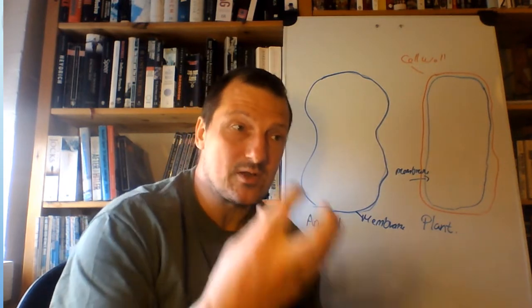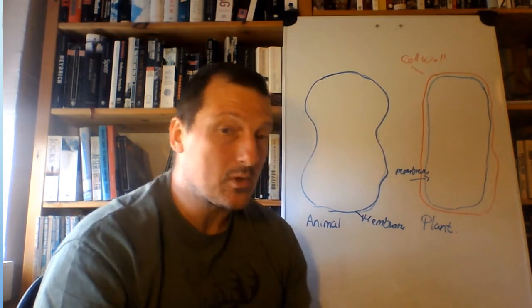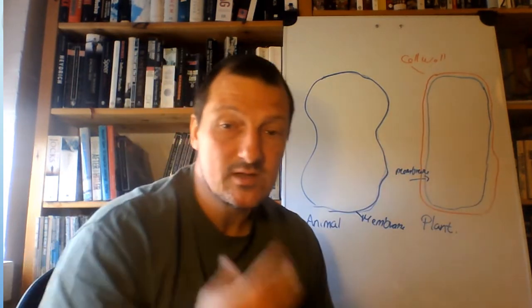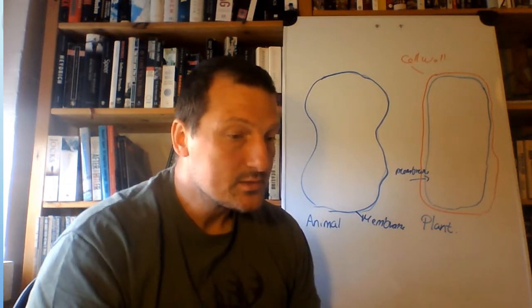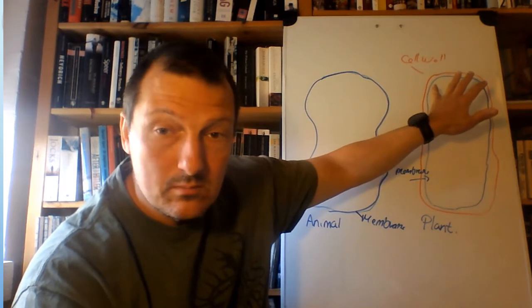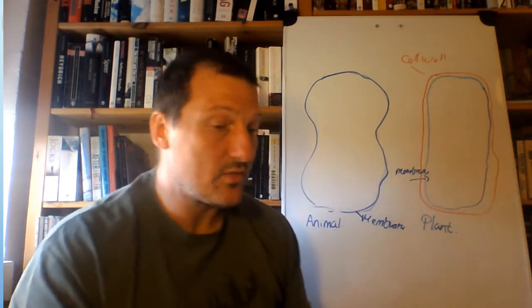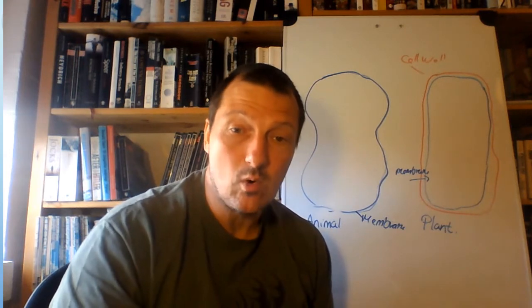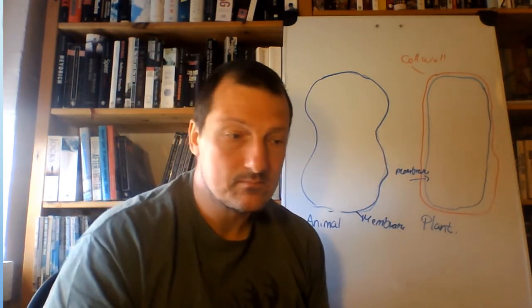This is why you can have a tree growing very tall and strong, because you have these cell walls made of cellulose and lignin and stuff like that. The cell wall is still permeable, so water and other things can move through the cell wall, but it still helps to keep the structure of the cell.